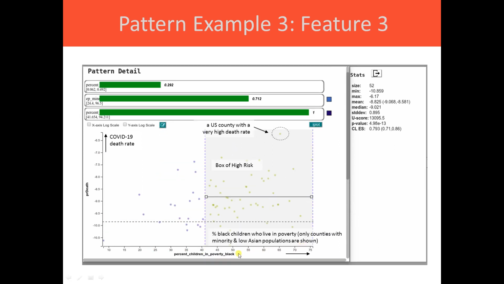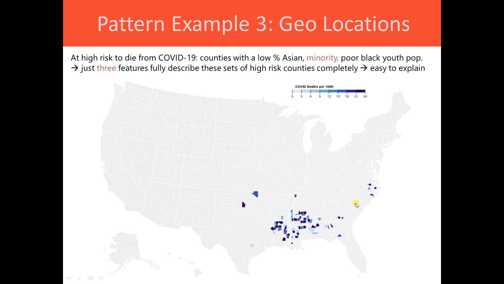The third one is percent of black children who live in poverty. Okay, so this is another three-feature risk factor. And there again it is in the south, a little more in the Alabama, Mississippi and Louisiana area, right? And basically low percent Asian.